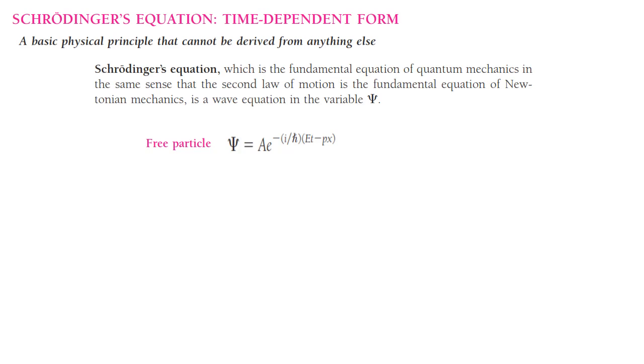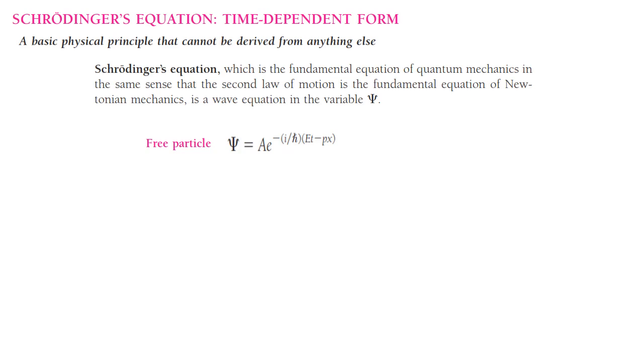You cannot derive it because it's a basic principle itself, like Newton's second law of motion, F is equal to ma. It's a basic law of Newtonian mechanics. You cannot derive F equals ma, you just write F equals ma. In the same way, the Schrodinger equation is a basic law of quantum mechanics. You cannot derive it from anything else.